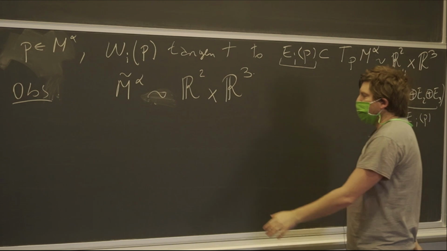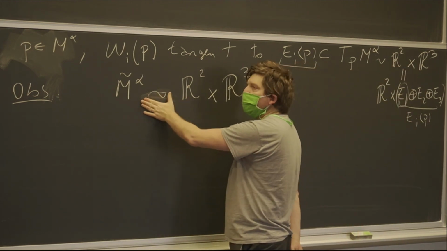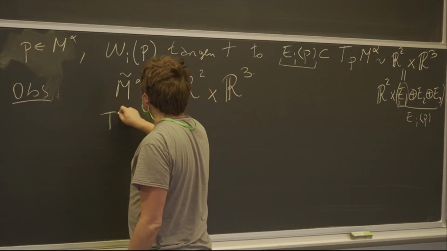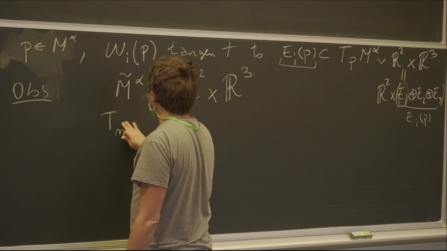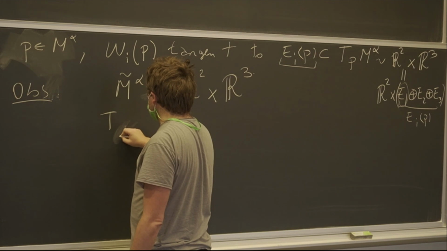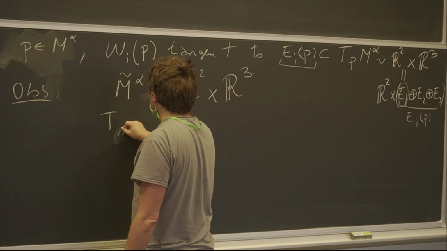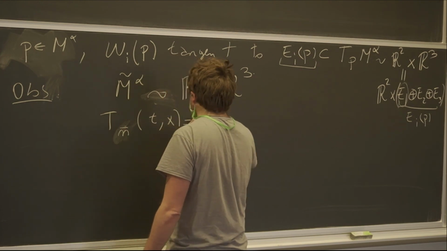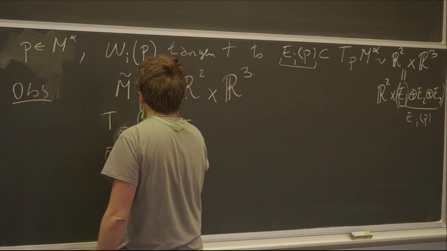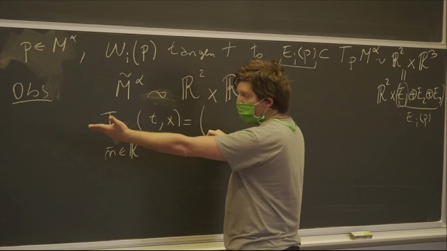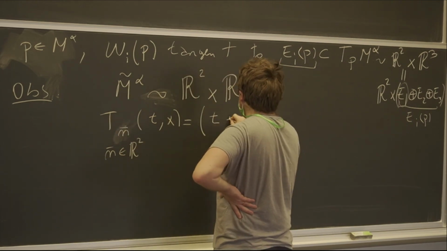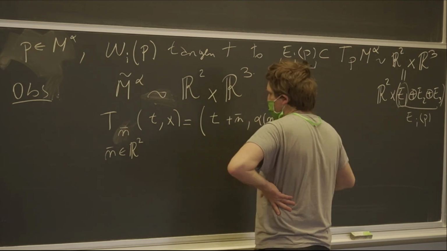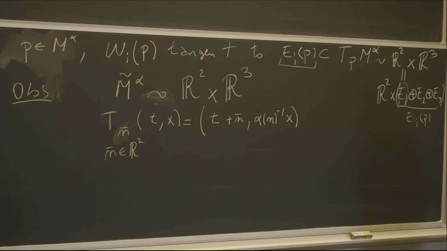Now this identification is not fully unique because you have the natural transformations on M alpha. You have two types of transformations. Let me denote T_n of (t, x), for n in R2, the maps used to glue, which is (t plus n, alpha of n inverse of x). So this is one type of transformation.